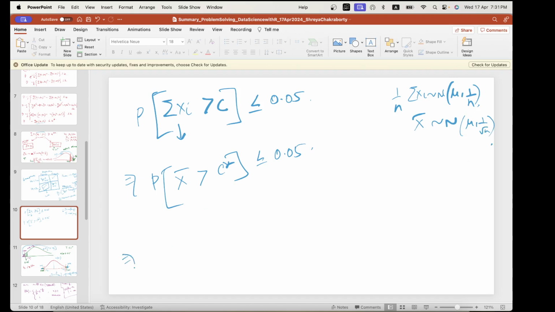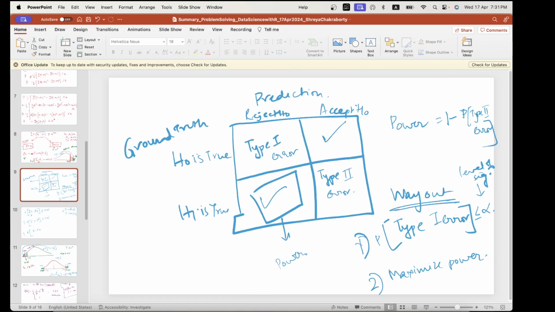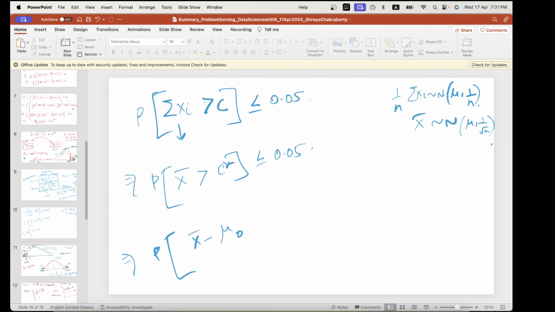Okay, so if I just transform it to x bar minus mu, not exactly mu but mu naught, because probability of type 1 error is what? Rejecting null given null is true. So this is my probability of rejecting null, the rejection region, given mu equal to mu naught. This is my probability of type 1 error.